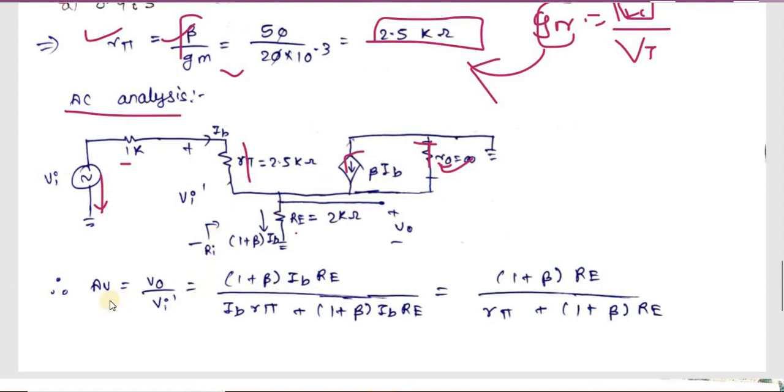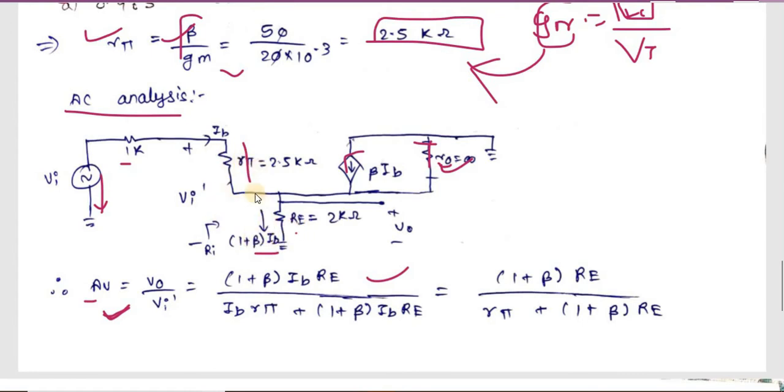Now we have to find out AV, right? AV is VO by VI dash. We can use either VO by VI dash or the formula AI into RL dash by RI. Let's use the VO by VI dash one. Our VO will be simply RE into 1 plus beta IB. VI dash will be simply IB into R pi plus 1 plus beta IB into RE.